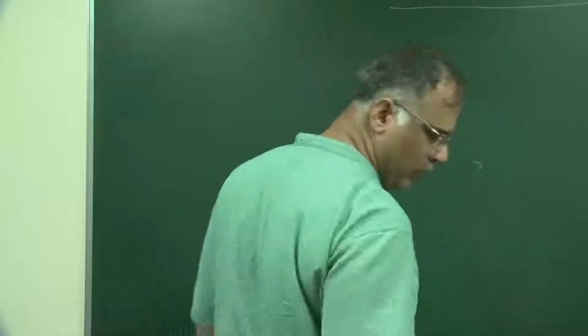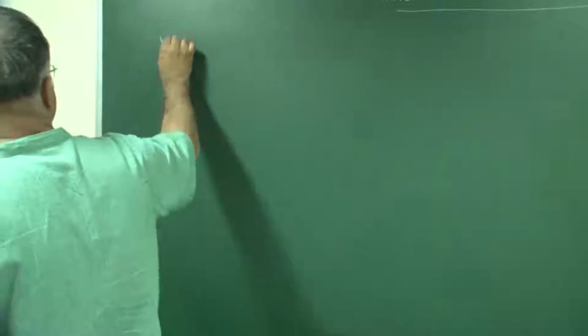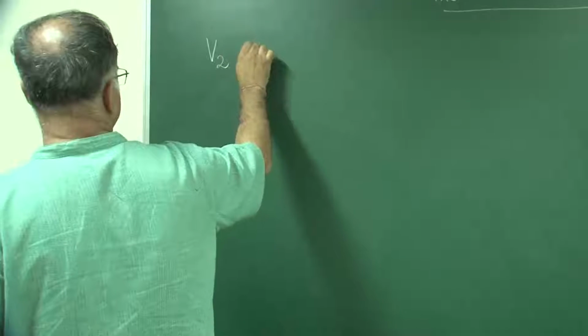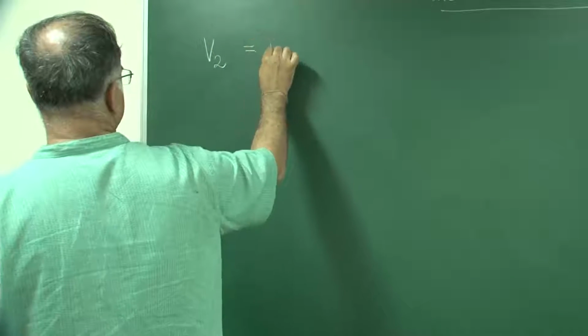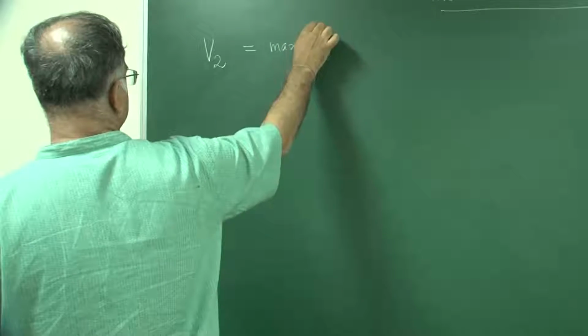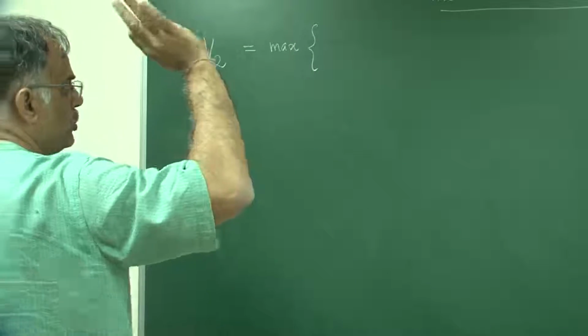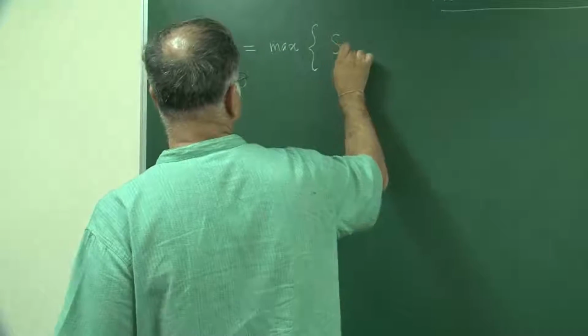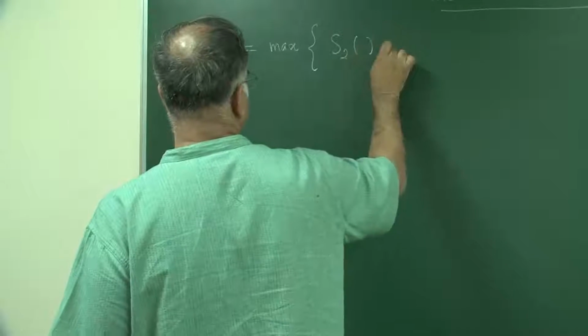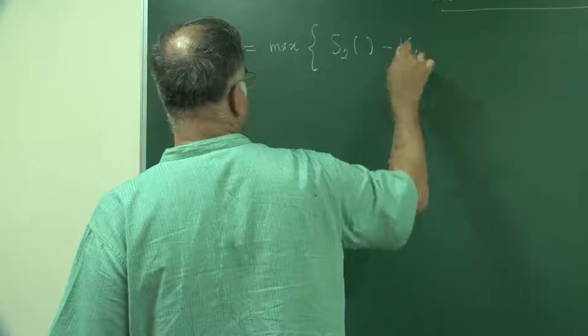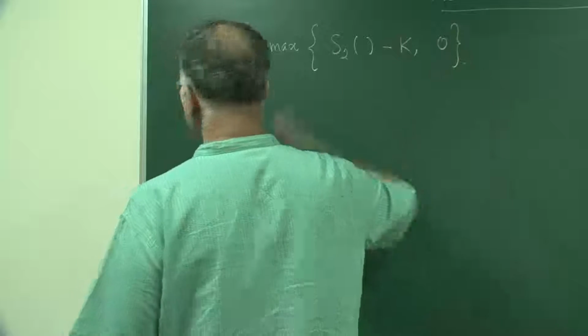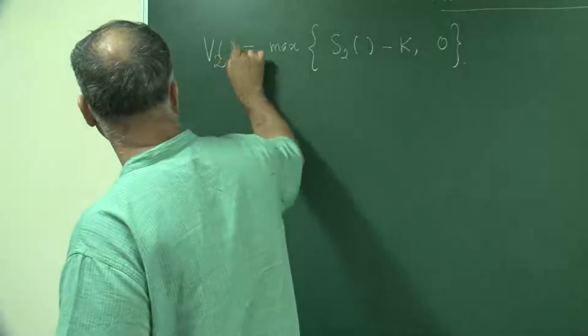In the 2-period model, the worth of my option is V2, which is the maximum of S2, whatever it is, minus the strike price. So, I am talking only of European call options, nothing else. These are random variables.